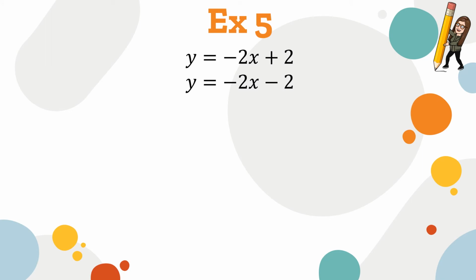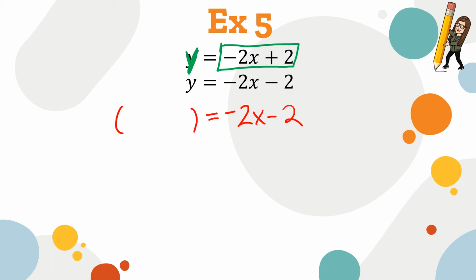All right, this one is unique because both variables are isolated, right? So here's what I'm going to do. I'm going to say I want to use this isolated y and this is my expression. All right, now notice I'm putting boxes around it just to acknowledge, hey, that's my expression, which means I'm going to take the other equation, and where there's a y, I'm going to put parentheses.